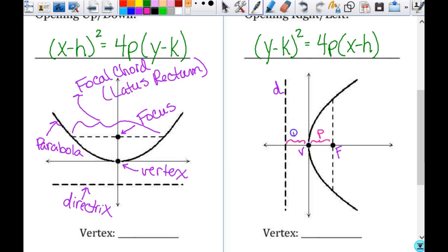And this distance here is also P. The focal chord length, this whole length here, is how much? 4P. So from the focus to the parabola itself, and this segment here is always parallel to the directrix, this length right here is 2P, and this length right here is 2P.